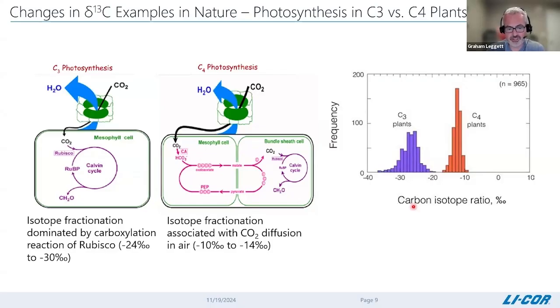It's still preferential to C12, but not to the same degree as the Rubisco reaction. And so what you see on this plot on the right-hand side very clearly is a distinct difference in isotopic signature between C4 and C3 plants. And we'll see how that, again, can be used to discriminate sources from fossil fuel emissions, for example.